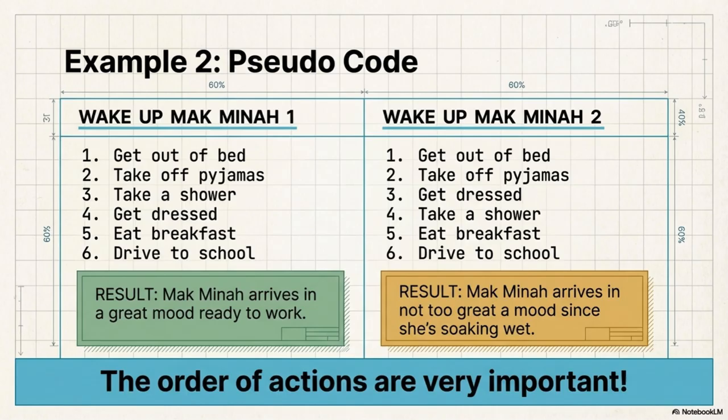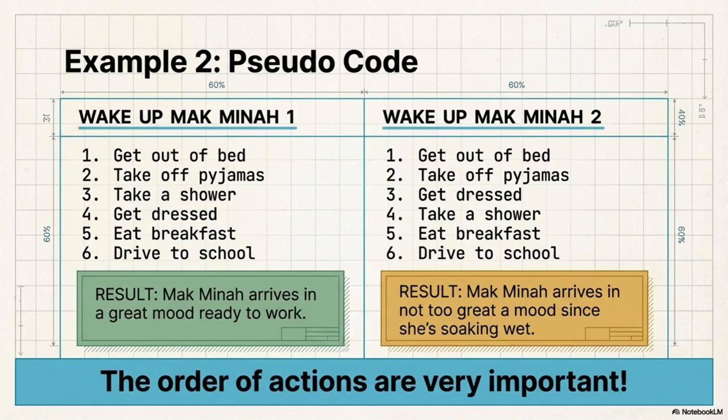So look at the Mark Mina example in this slide. So if she gets dressed after taking a shower, she is ready for work. Okay. But if she takes a shower after getting dressed, she will arrive soaking wet and in a bad mood.